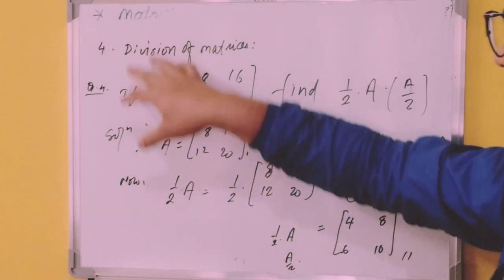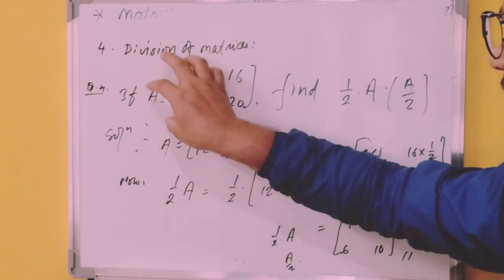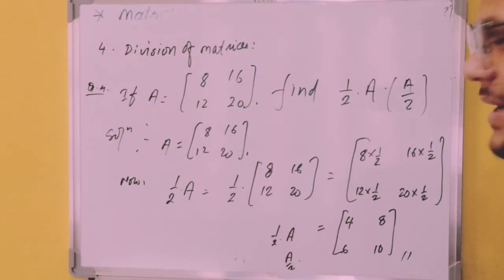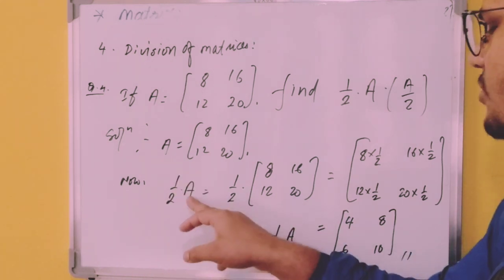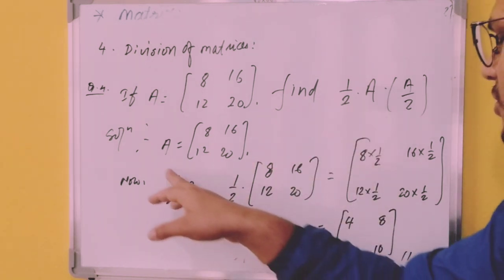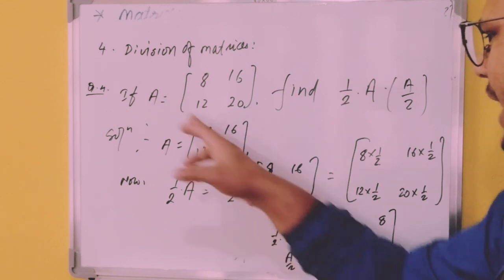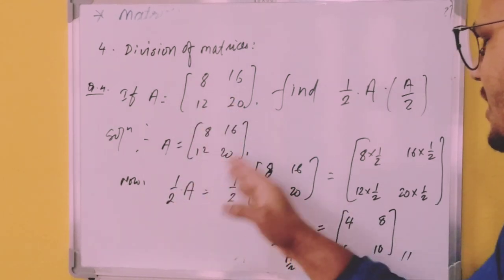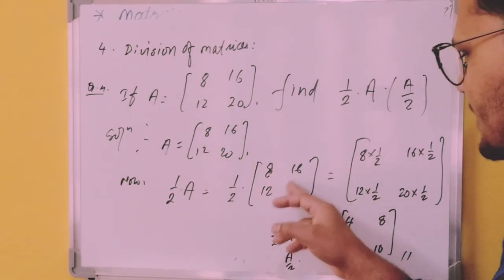First of all, in the solution you have to copy the given matrix from the question, and now 1 by 2 into A. So 1 by 2 into A is equal to 1 by 2, and substitute the value of A: 8, 16, 12, 20.